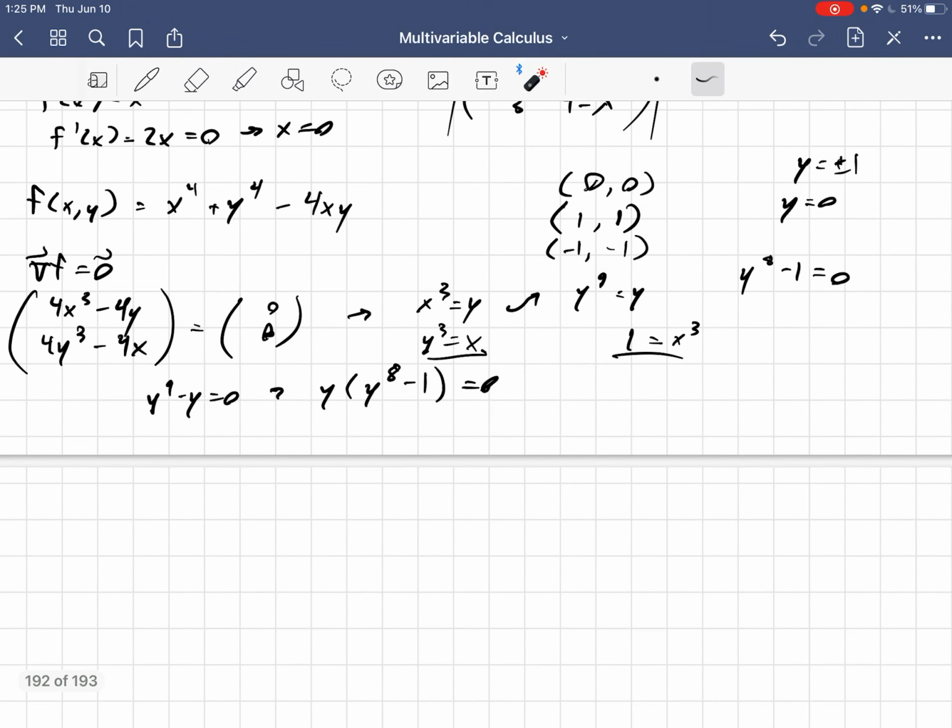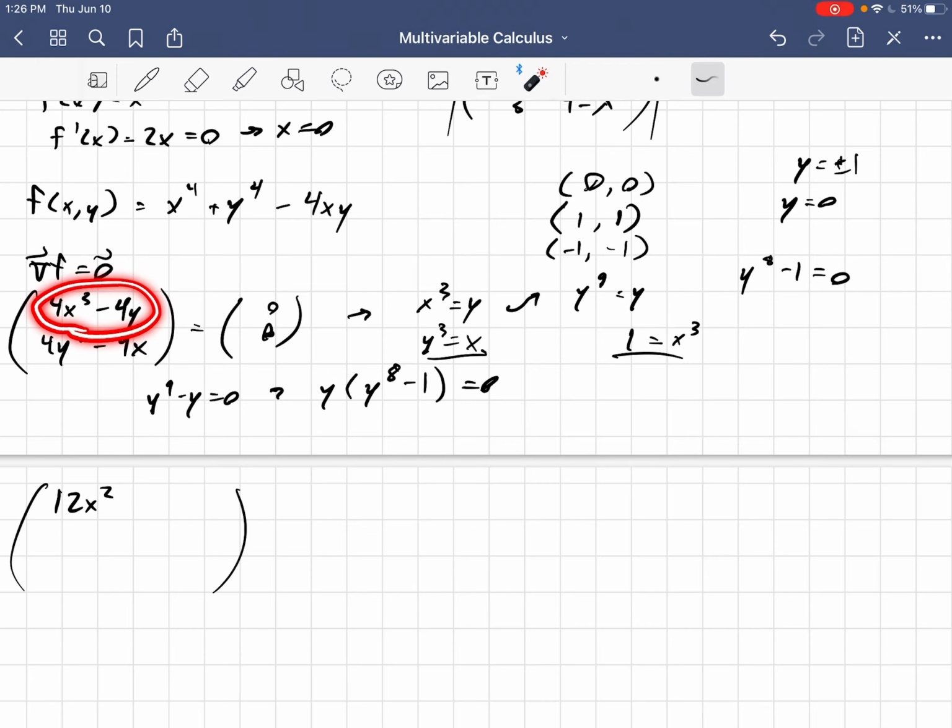We need to first come up with the Hessian for this function. The second partial of f with respect to x: this is the partial of f with respect to x, and now I take the partial again with respect to x of that. I get 12x squared.